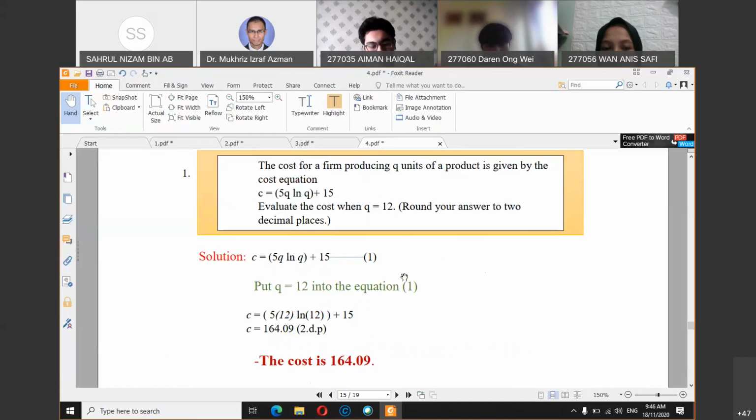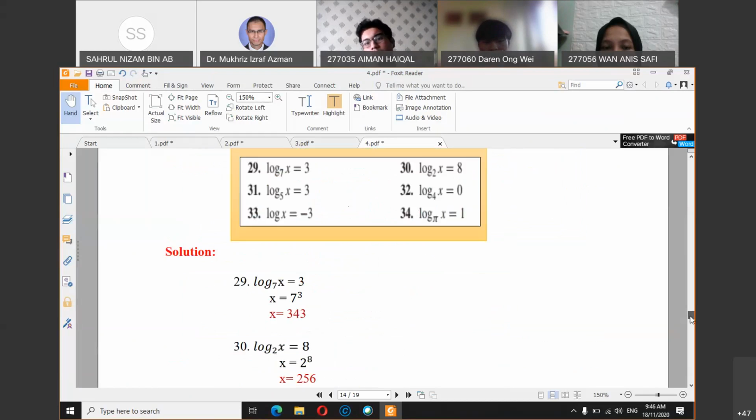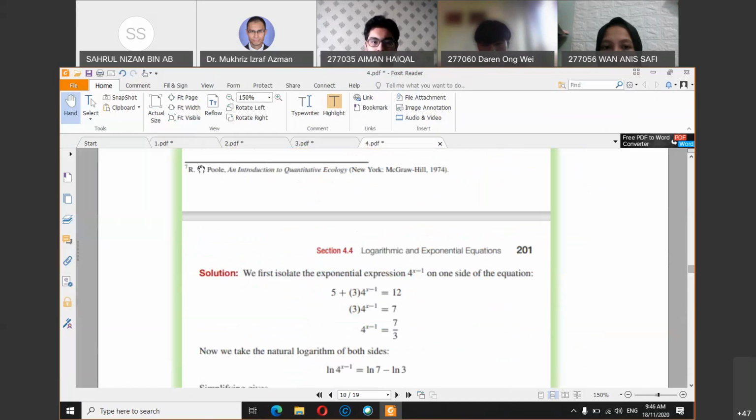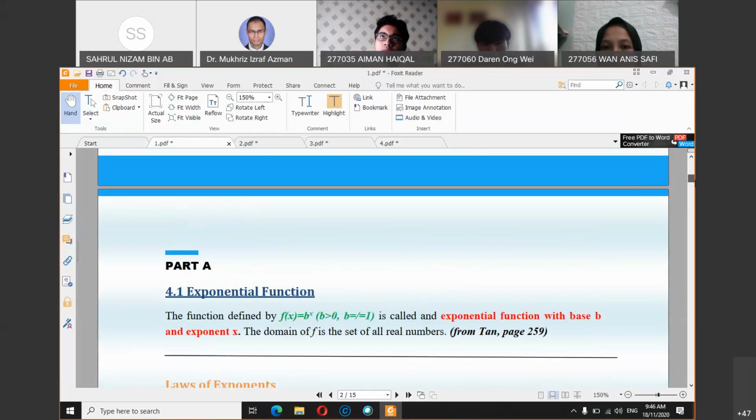So my take for the first round, group 1 to group 4: overall, in terms of the presentation, I see a lot of improvements for all groups.